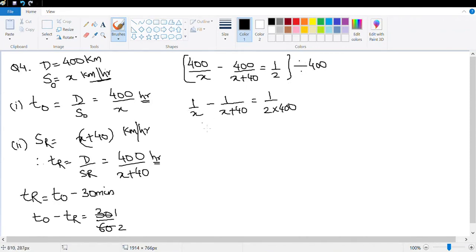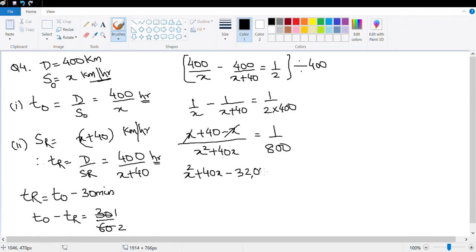Done. So let's do LCM and add. x plus 40 minus x upon x square plus 40x is equal to 1 upon 800. So this is x square plus 40x minus 4 into 8, that's 32 with 3 zeros, is equal to 0.